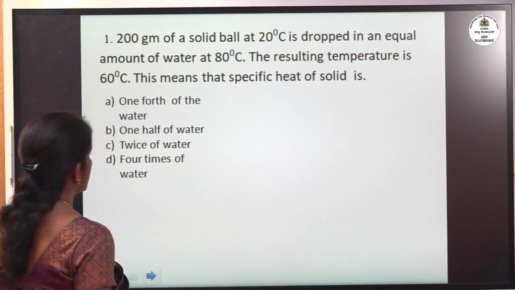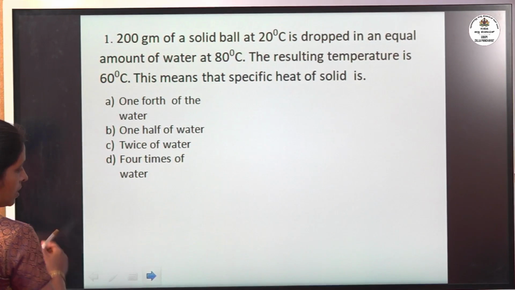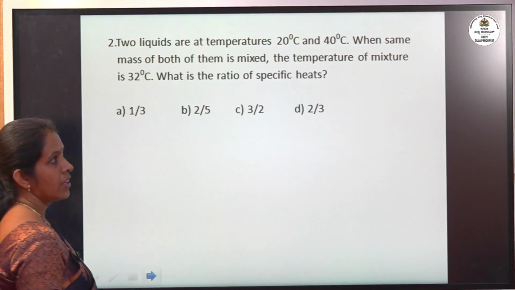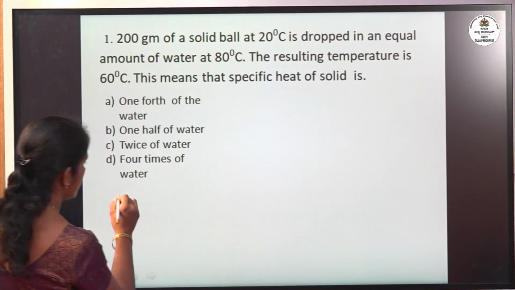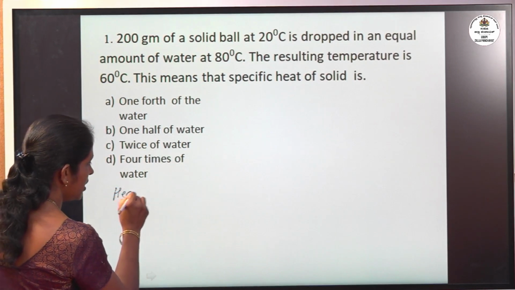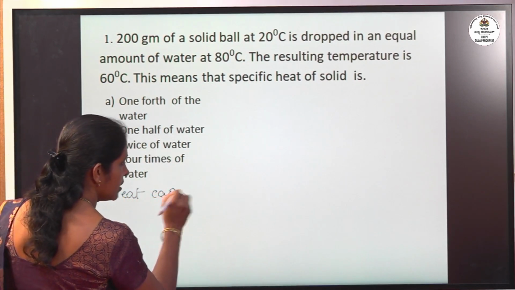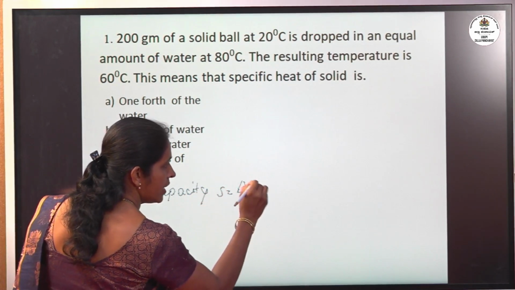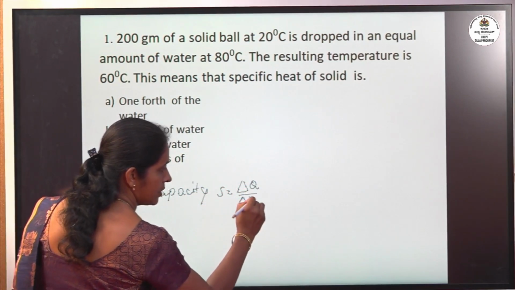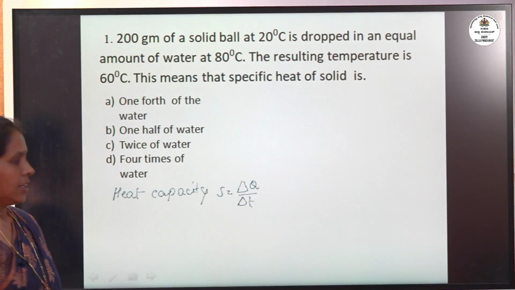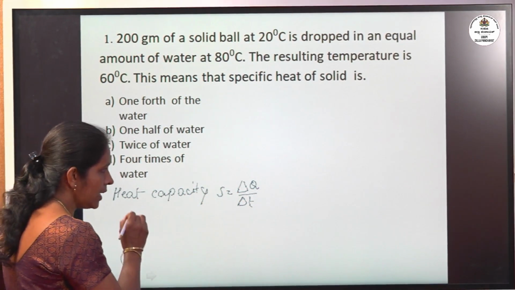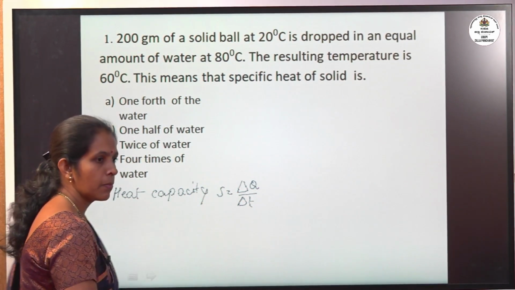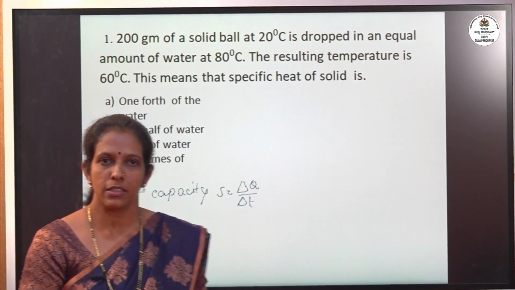Here, this question is based on the concept of specific heat, that is heat capacity. We have heat capacity S is the ratio of delta Q by delta T. When we supply heat energy to a system, its temperature increases.